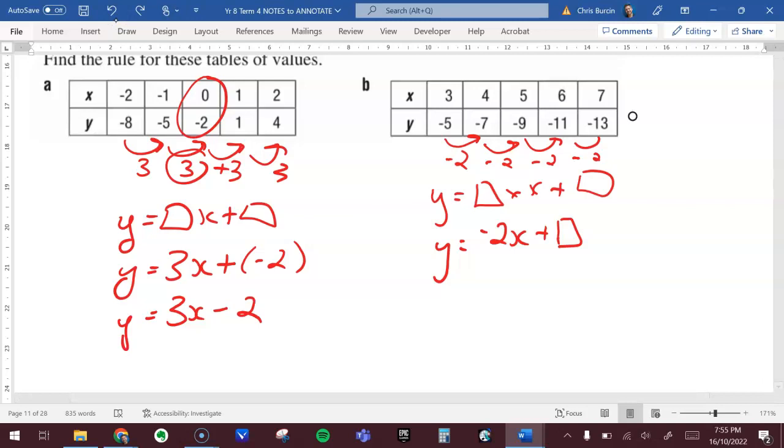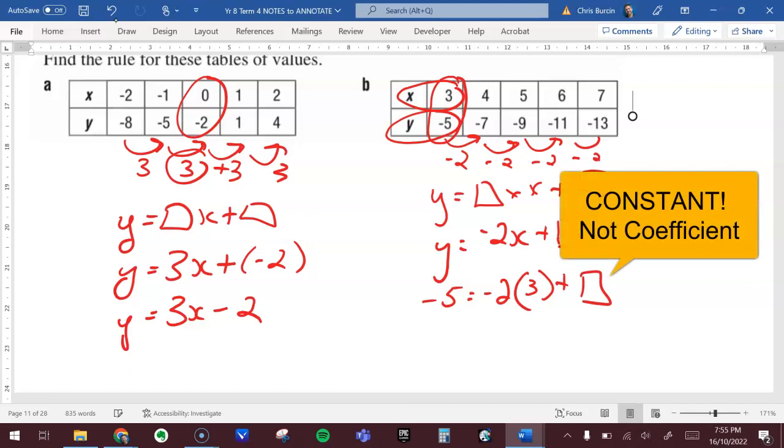So what we're going to do is substitute. So we know we've got some coordinates here that are true, and we use those to figure out what our missing constant is going to be. So if we use these coordinates, and y is -5, and we have -2 times, in this case, 3, we're going to find out what that constant needs to be to make this equation true.